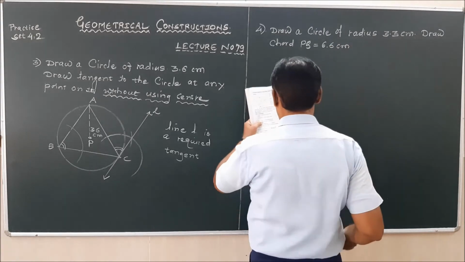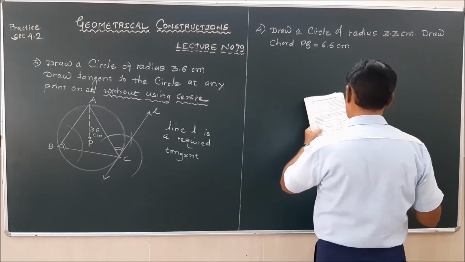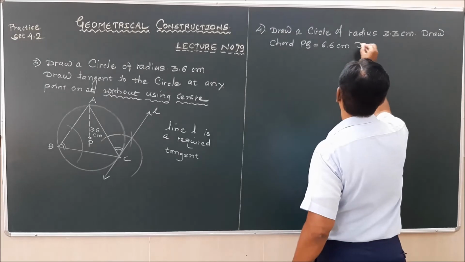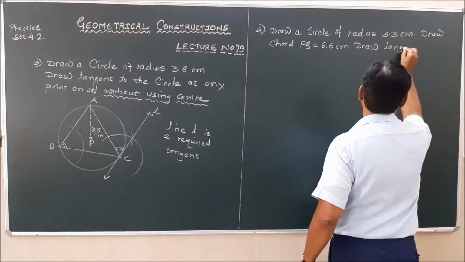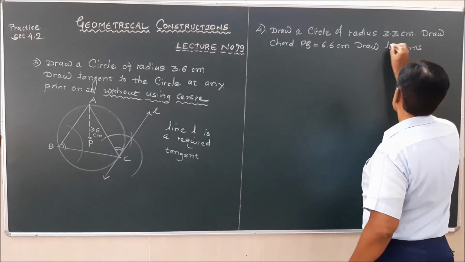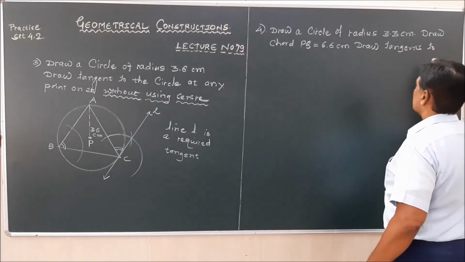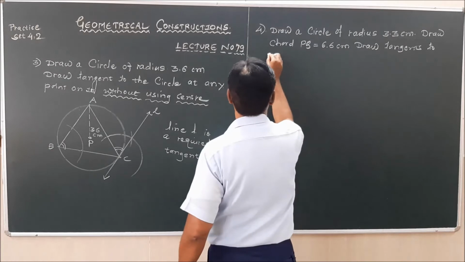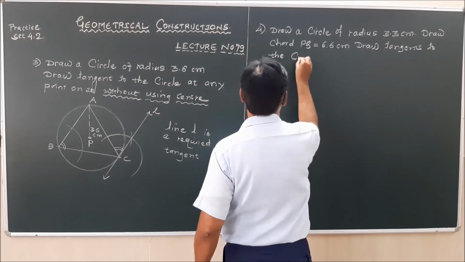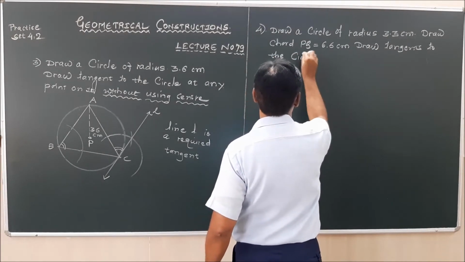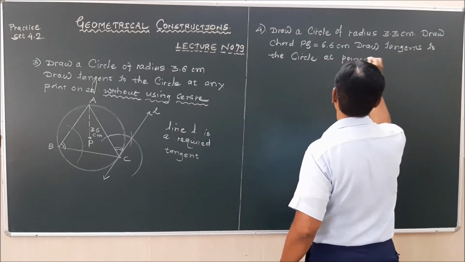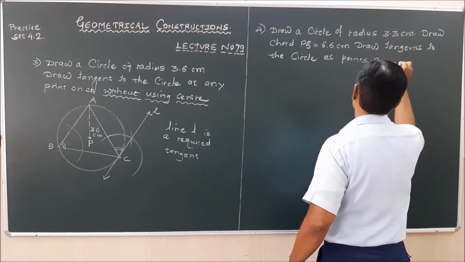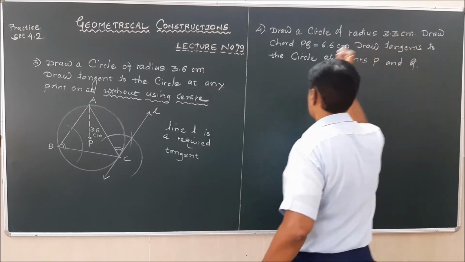Then draw tangents to the circle at points P and Q. Okay, fine. Answer.